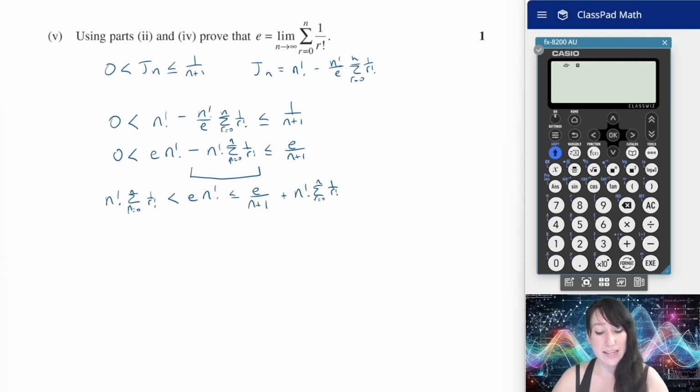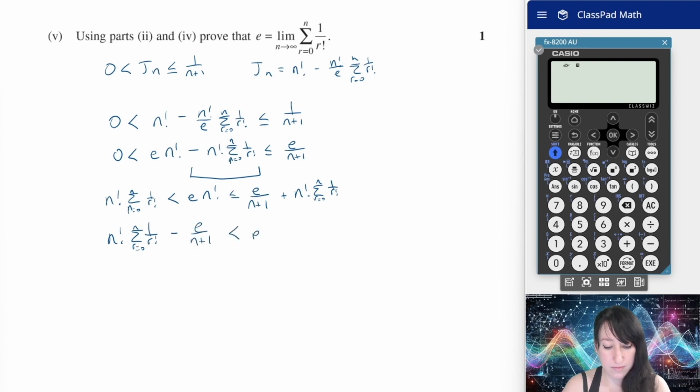We'll subtract the e over n plus 1 to get the e terms together. Let's divide everything by n factorial, so on the right-hand side, we just have the summation.